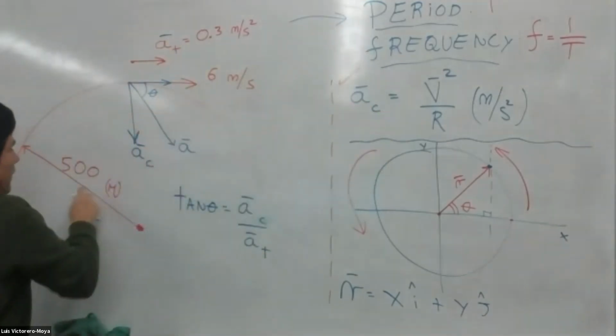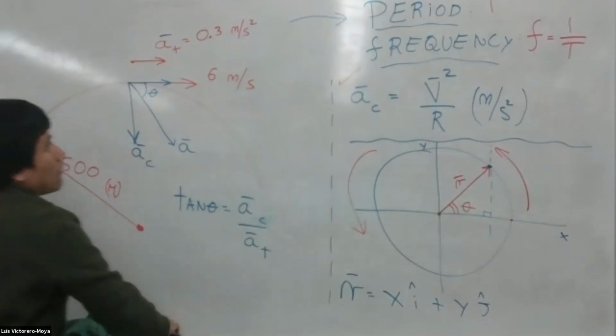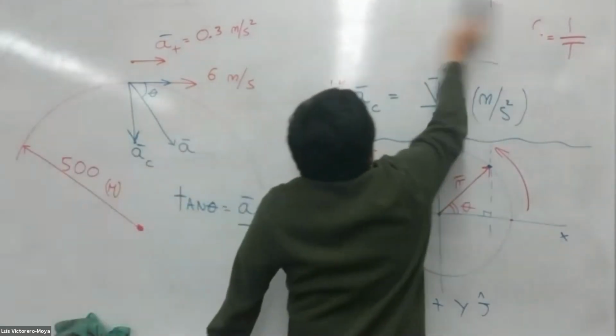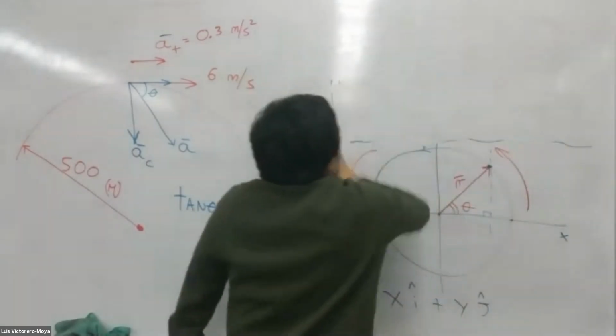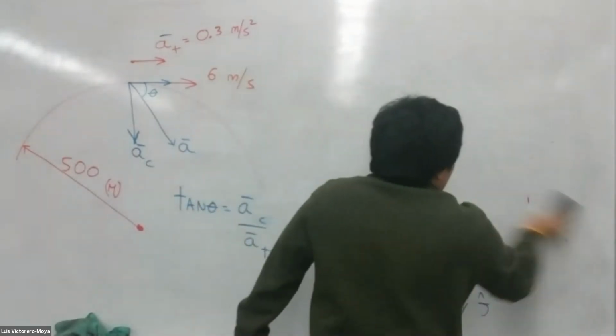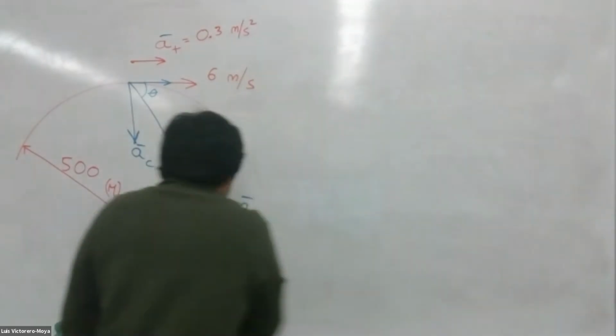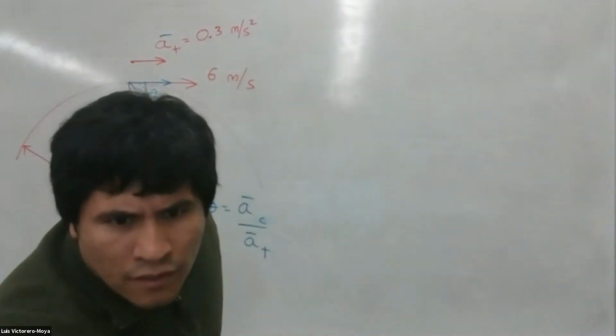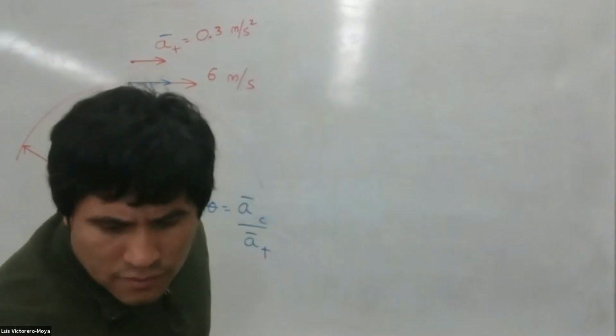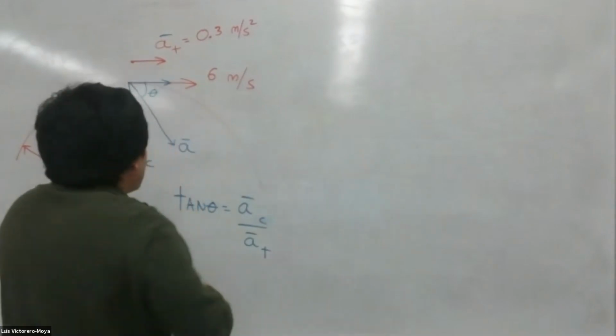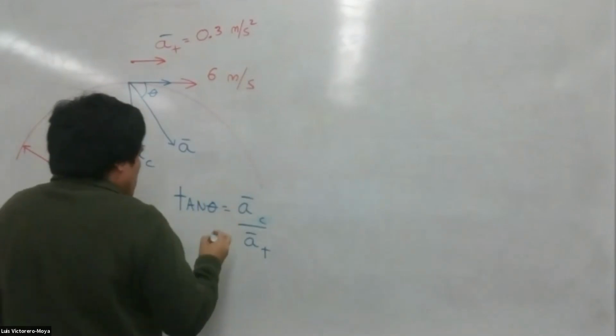V squared divided by R. I believe in the web assign there is a problem like this as well. I will discuss it in the next video. I just want to do this extra for you guys. So that's 0.072.